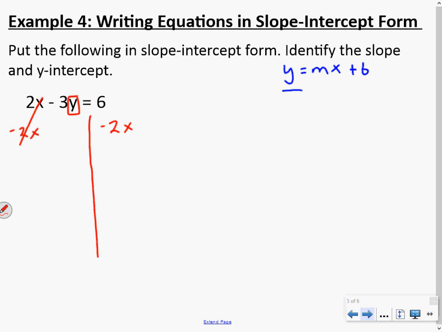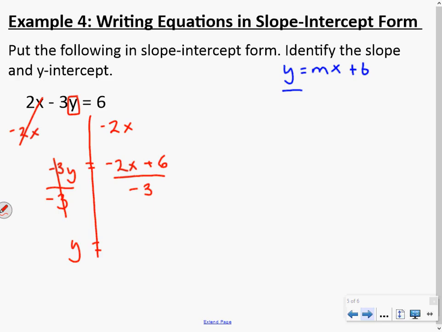On the left side, we're left with negative 3y, and that's going to be equal to negative 2x plus 6. At this point, I need to divide both sides by negative 3. And we're left with y on the left side. Now, on the right side, I need to divide the negative 2x by negative 3 and the positive 6 by negative 3.